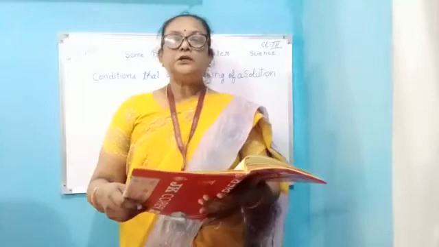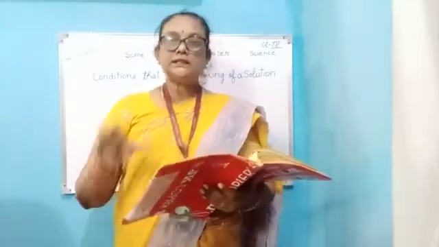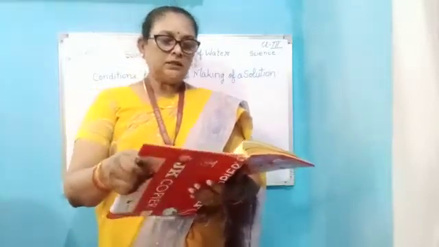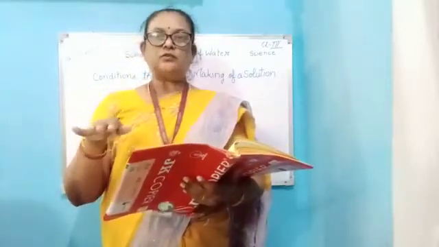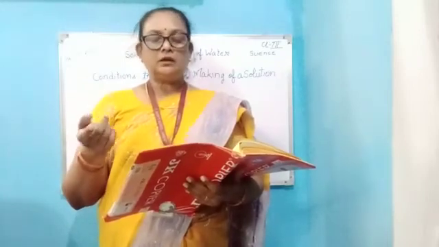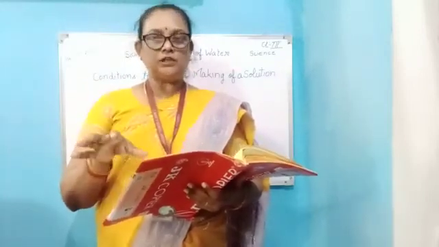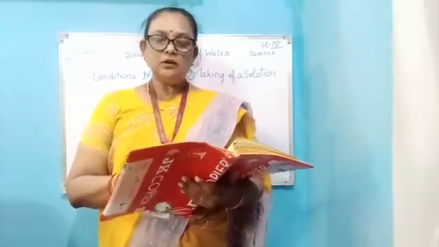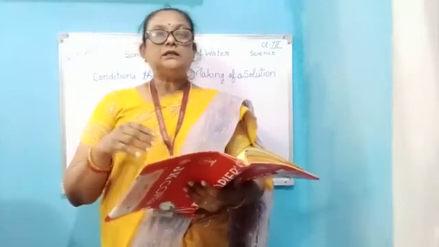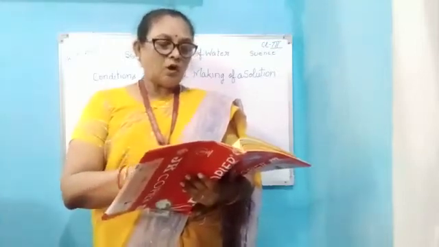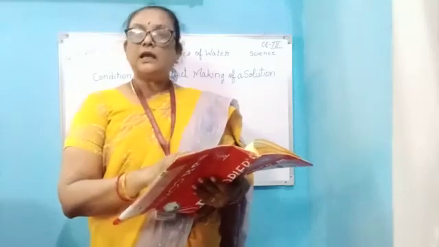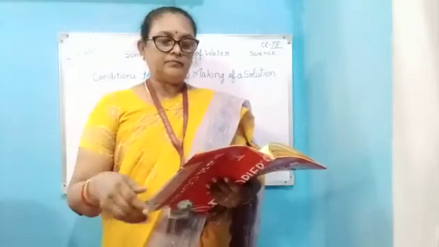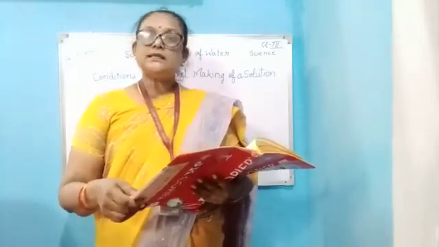So children, you must have understood the things which float on the surface of water. This is called floating. And the objects that are heavier than water go down to the bottom. This is called sinking.